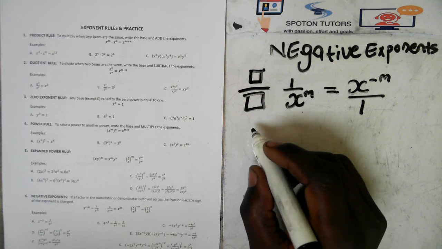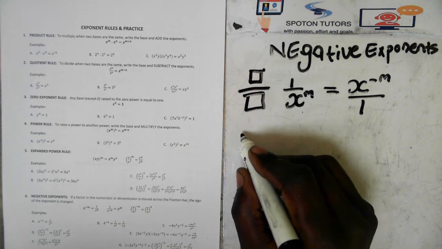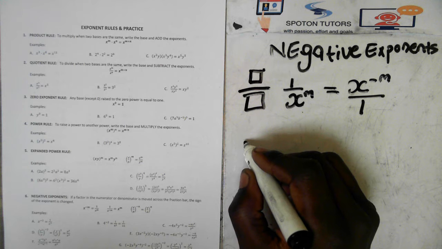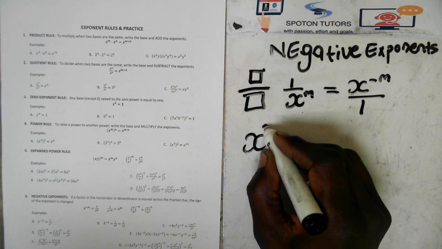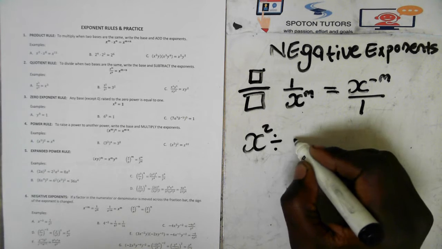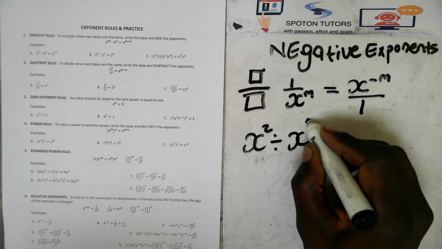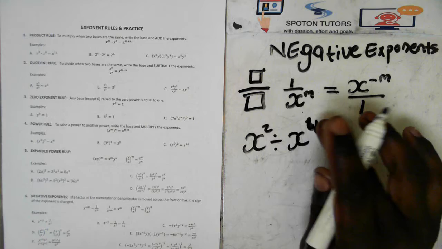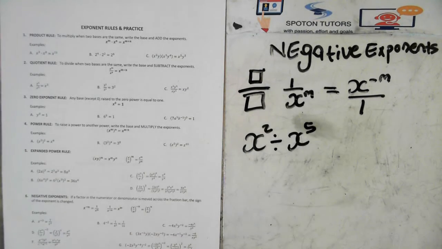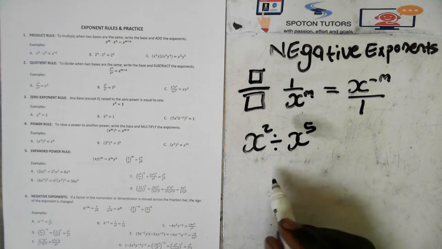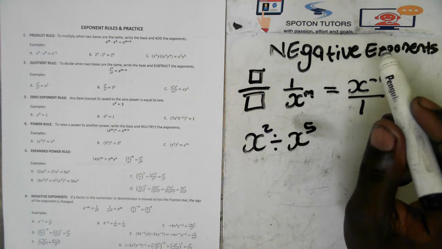Let's now go to our second law, the quotient rule. On your quotient rule, you had x to the power 2 divided by x to the power 5. This answer will take you to the rule of negative exponents.